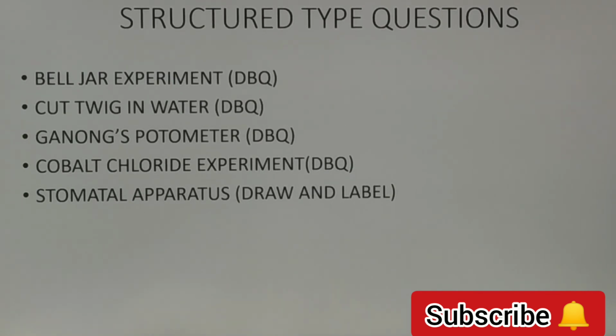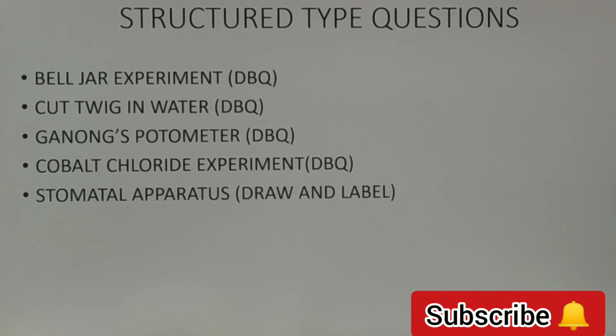Since the cut twig is placed, it is transpiration that is taking place. I have explained it during the session of transpiration which I have taken earlier. Then another important diagram based question that you can expect from this chapter is Ganong's potometer. The precautions, the limitations, all these I have discussed earlier.